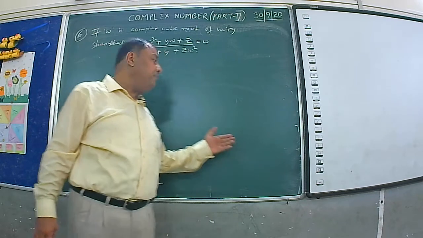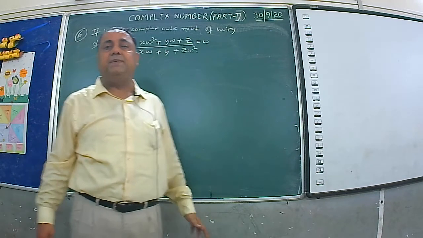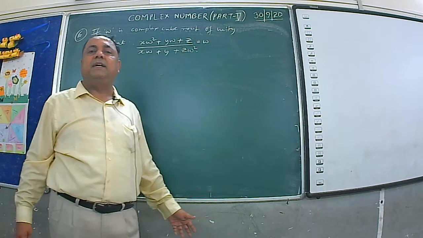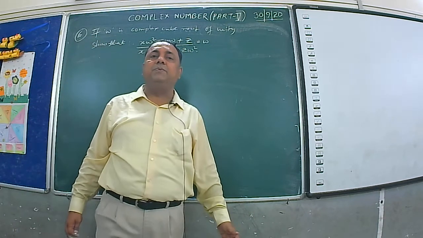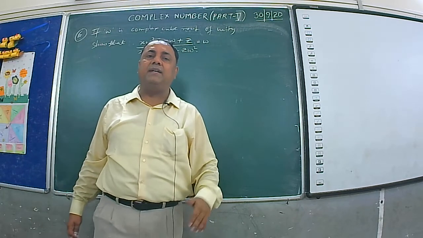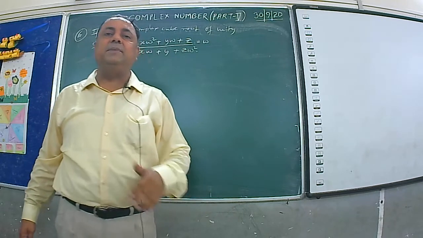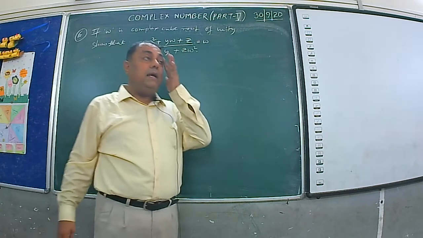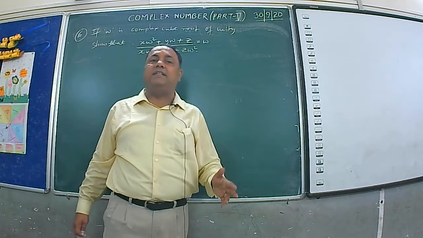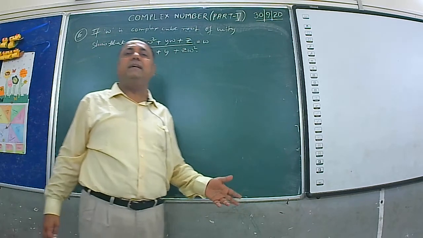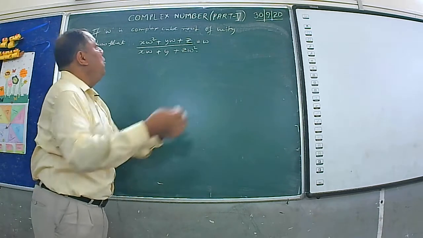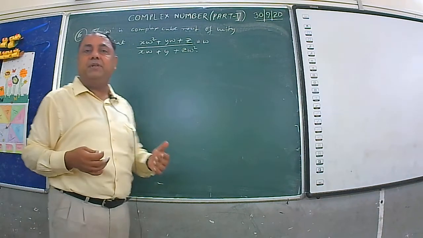I gave you examples of 8 as well as 27 and a general term: the cube roots of 8 are 2, 2 omega, 2 omega square; of 27, 3, 3 omega, 3 omega square; and in the general term, omega and omega square are the complex cube roots and the other is the real cube root. Here our problem says omega is a cube root of unity.